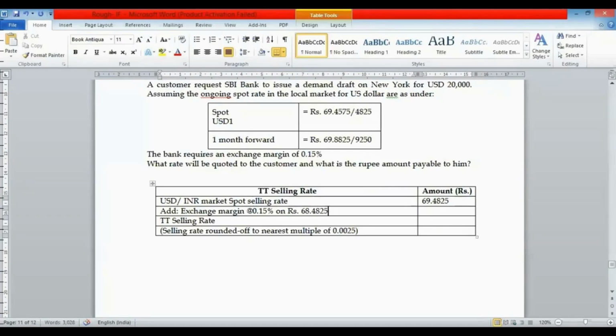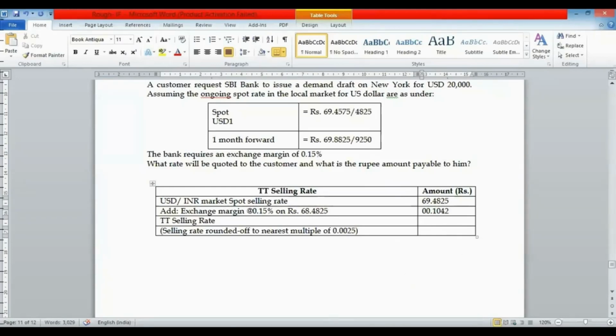If you calculate this 0.15% on this, it will come to 0.1042. We have to add, and when we add, what we get?